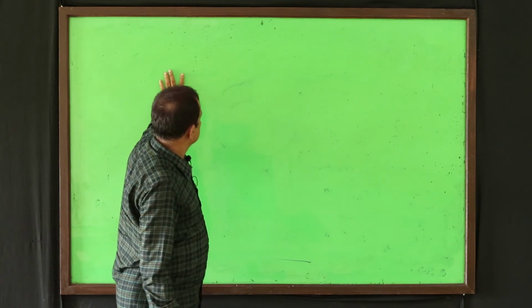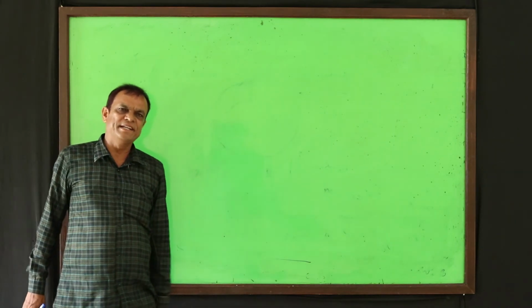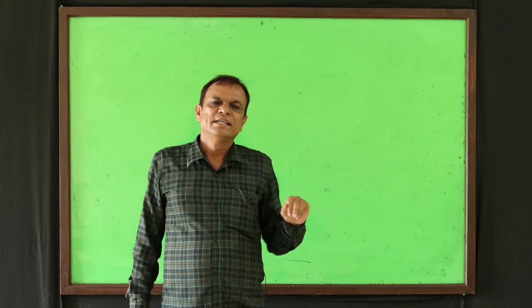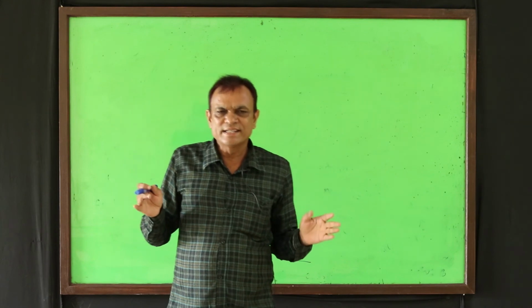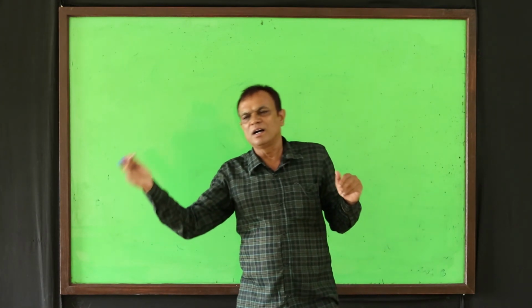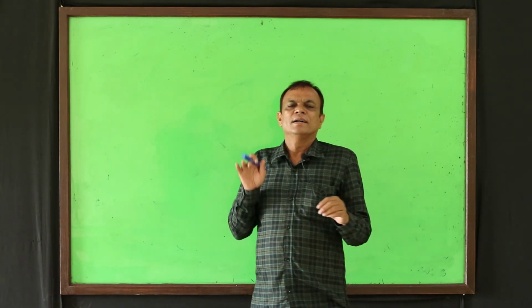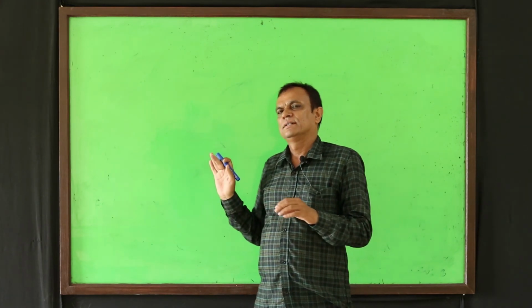Okay, dear students, in this chapter we have already completed different topics like gravity, gravitation, acceleration due to gravity, variation of g in different conditions, weightlessness, free fall, why a small body falls on the earth's surface, why the satellite or moon moves around the earth, and why the planets move around the sun.